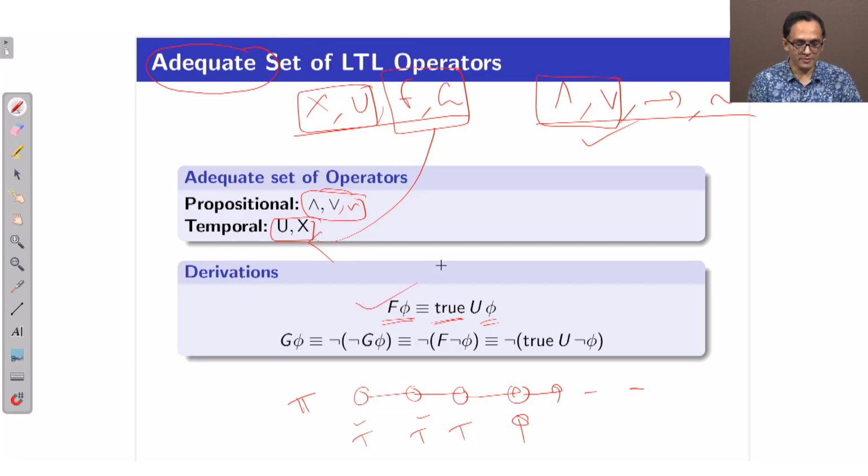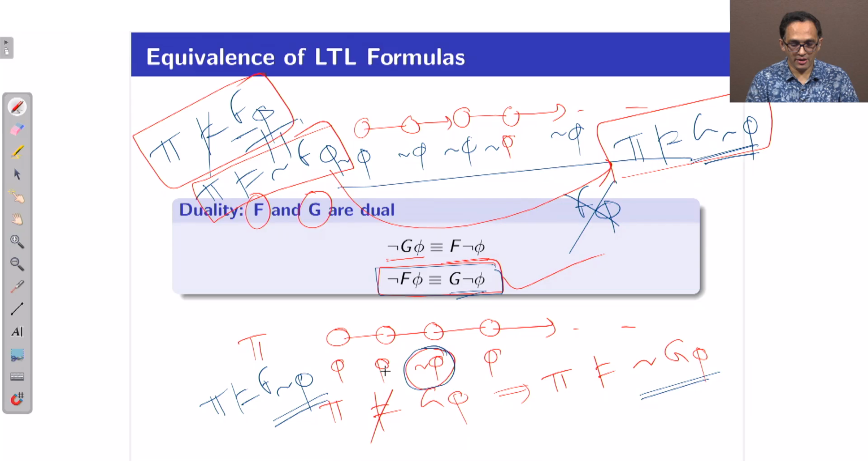So this is equivalent. Similarly, if I try to represent globally phi, I take the double negation, meaning the negation of not of global phi. The negation of global phi, the dual I have already discussed in the previous slide, is basically F of not phi.